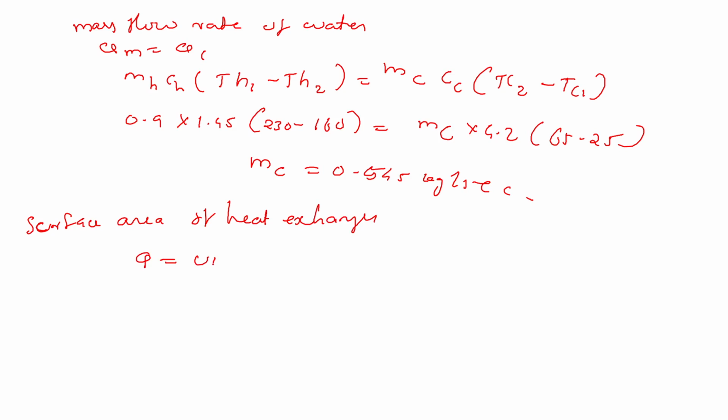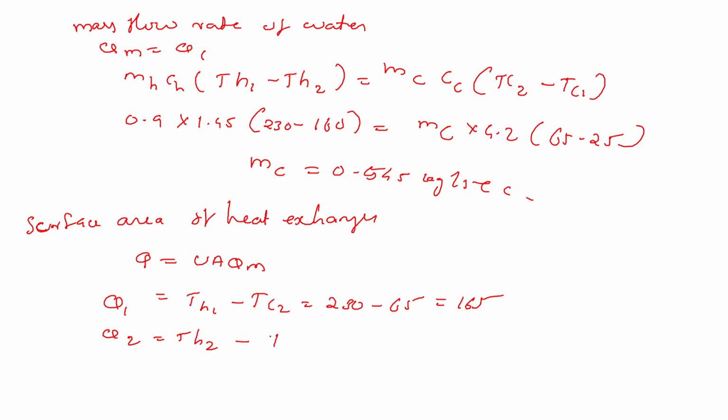Q will be U A Qm. So for finding that Qm, you have to calculate Q1, Th1 minus Tc2, it will be 230 minus 65, it is 165.